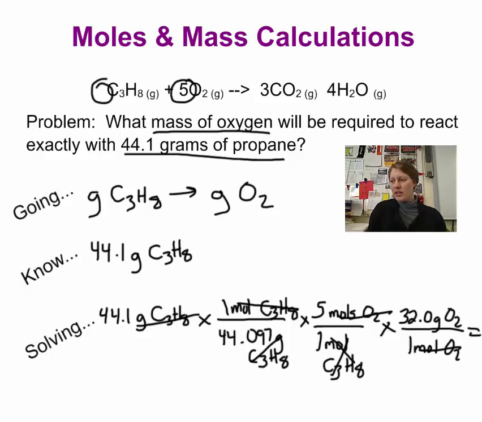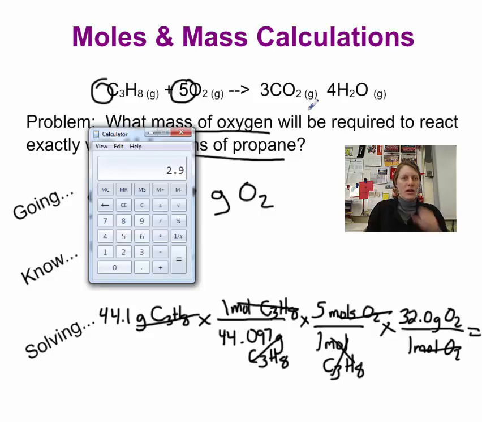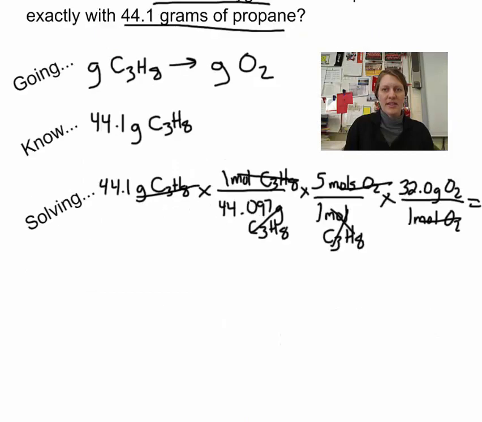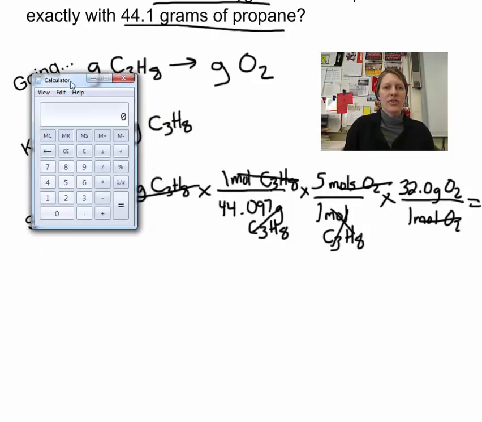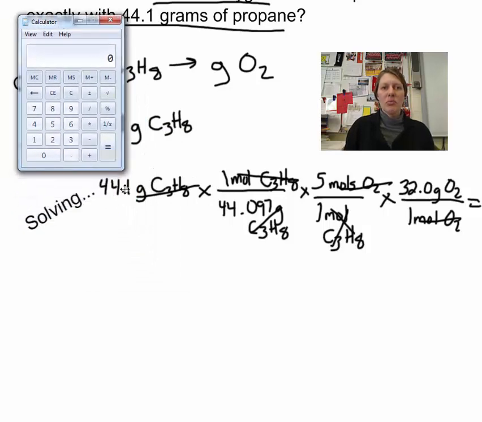So if I pull the calculator back over here, there are 2 different ways you could do this. You can multiply across the whole top and then push equals, or use parentheses to divide by everything on the bottom. Some people will also multiply everything that's on the top, 1 times 5 times 32, and they'll actually write that out.